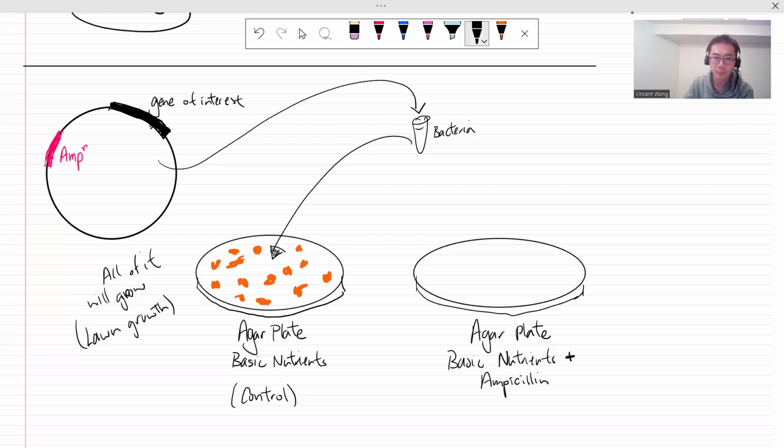So what happens if you plate the bacteria? Do you expect lots of growth, no growth, some growth? What's the situation? Ampicillin will kill the bacteria, right? Yeah, it's an antibiotic. It kills bacteria. Okay. So do you think no growth, some growth, lots of growth? Excuse me. Anybody?